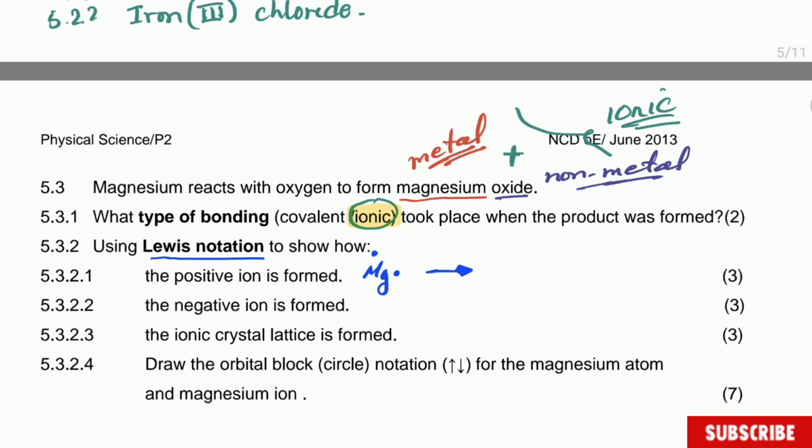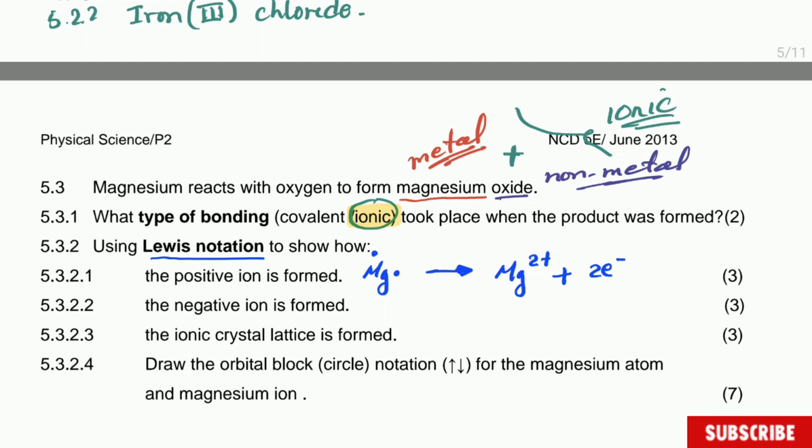It's going to give the electrons away, and therefore magnesium will become a 2 positive, which means it gave away those 2 electrons. And here we are going to represent the 2 electrons. The electrons cannot just disappear. The electrons are being there. So this is how to use Lewis notation to show the formation of that specific ion.